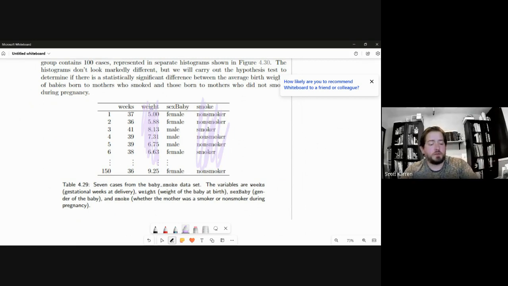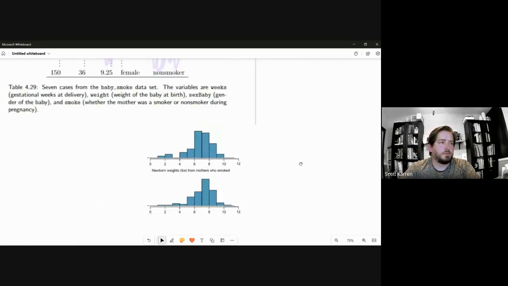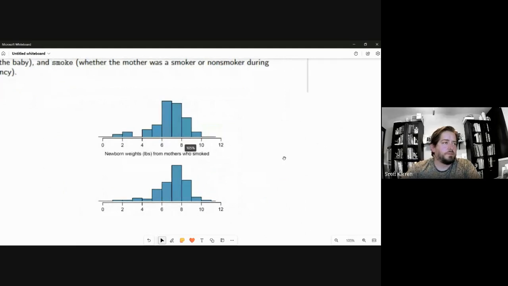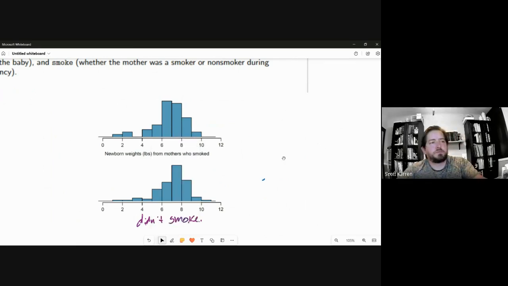And here are two histograms. I didn't capture the bottom, but the top is newborn weights for mothers who smoked, and the bottom is mothers who did not smoke. Nifty, but get the hell out of here. All right.